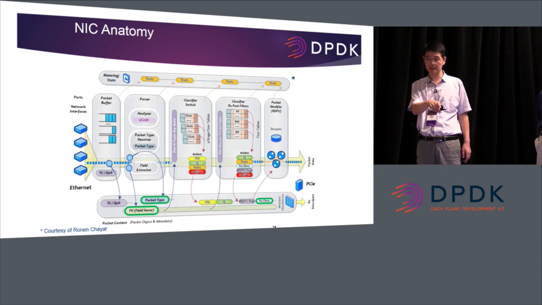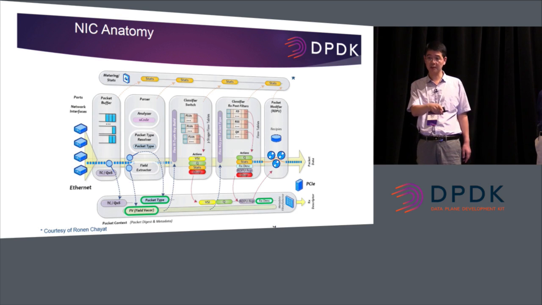After that, there's a classifier switch and classifier post-port filters, which are used to do all the classification, including RSS, flow director, MAC filter and possibly others.